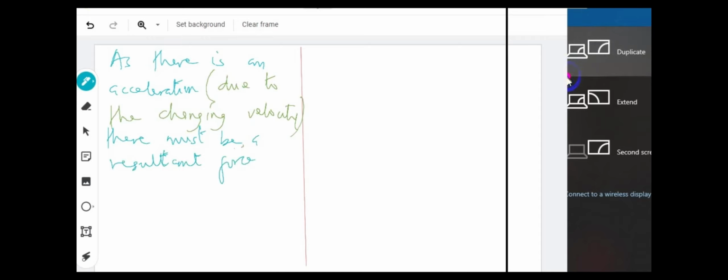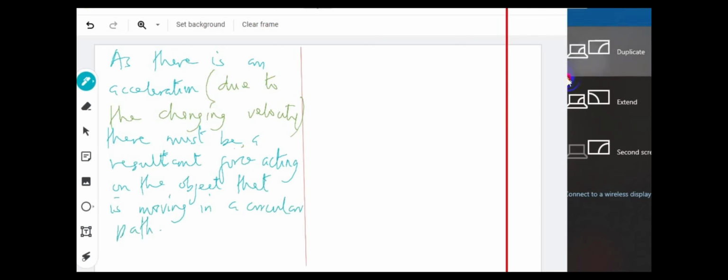And this resultant force acts on the object that is moving in a circular path. Now this resultant force is directed towards the center, and that's what we call the centripetal force.